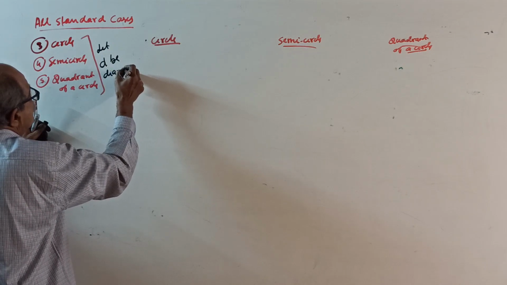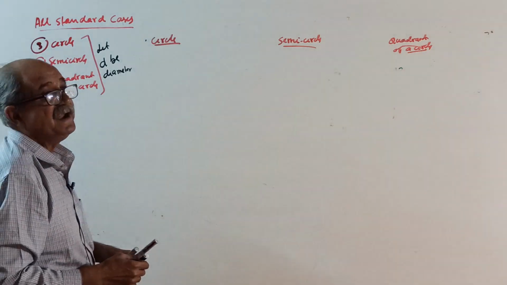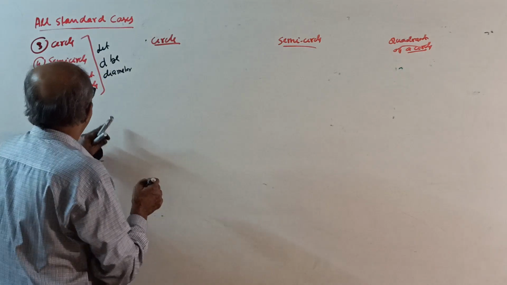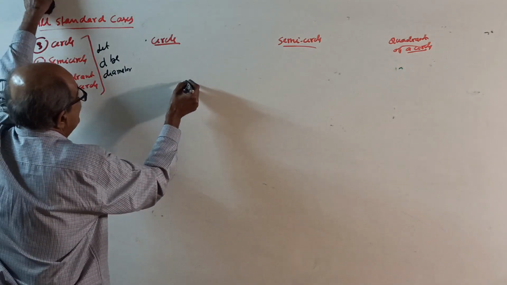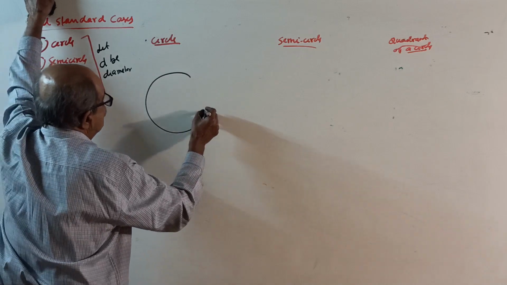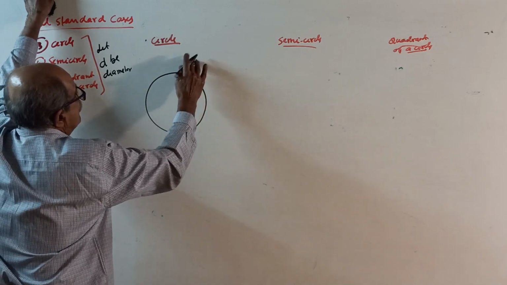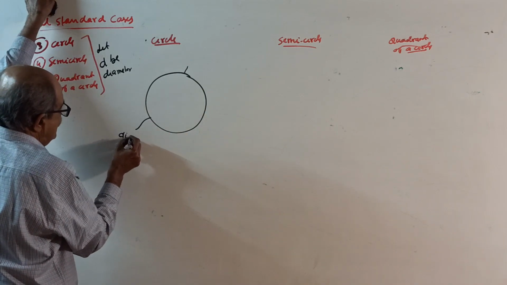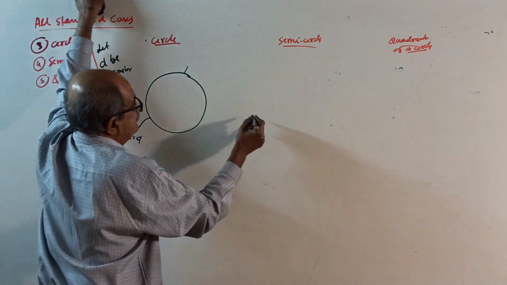Remember, for circle and semicircle, you can see the diameter. For quadrant, you have to imagine the diameter. Everywhere, center I am doing a dot. See, circle. Diameter D. Semicircle.